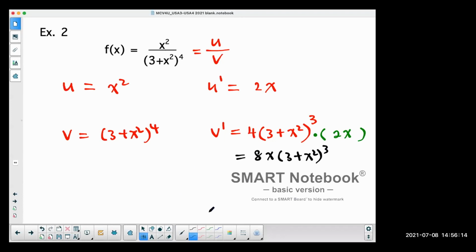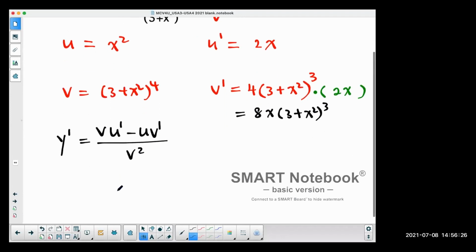I can sub into the formula. The formula says bottoms up: v u prime minus u v prime over v squared. So I just need to put those four things into the formula. First of all, what is v? Well, that's 3 plus x squared to the power of 4. What is u prime? Well, u prime's over here. That's 2x.